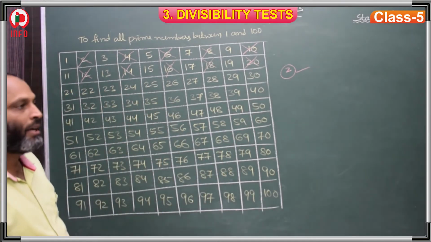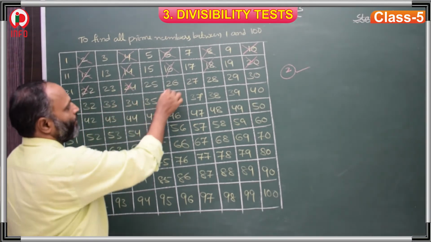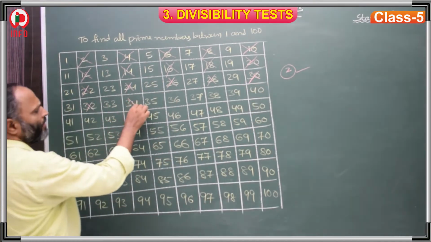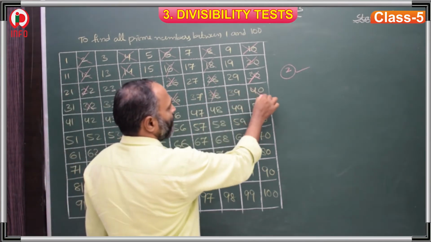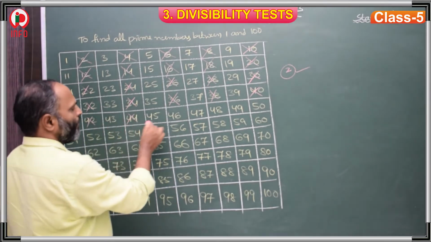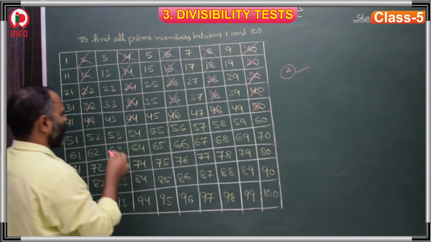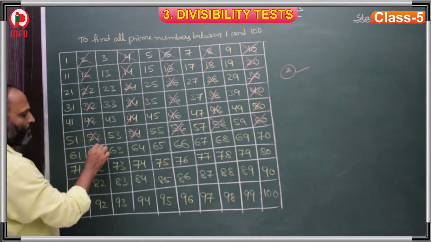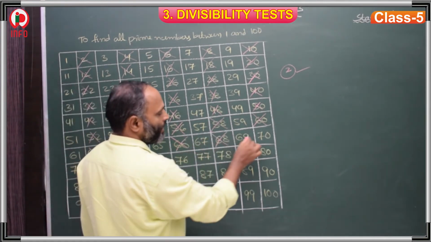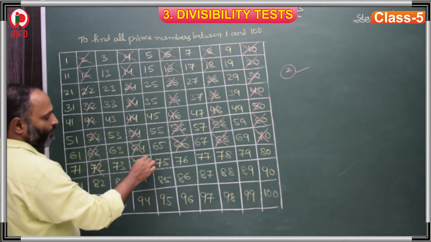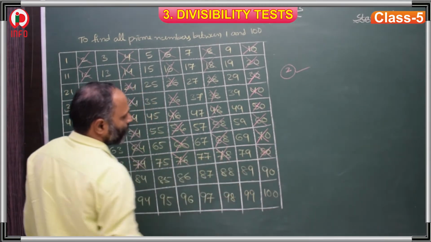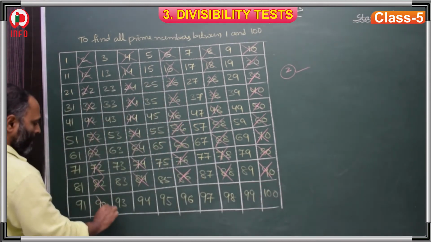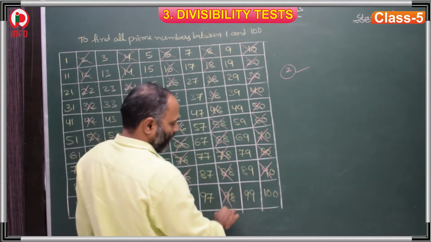All even numbers we have to cross: 20, 22, 24, up to 100.